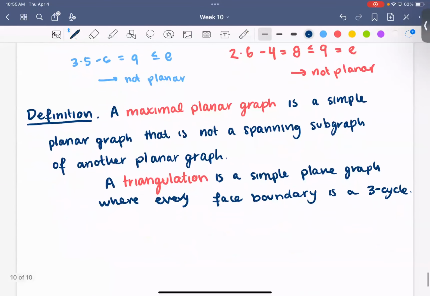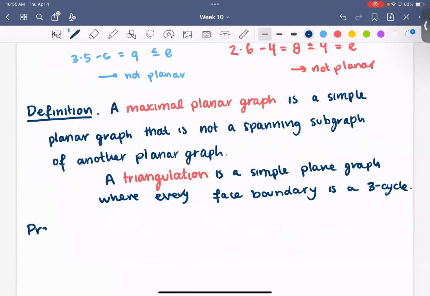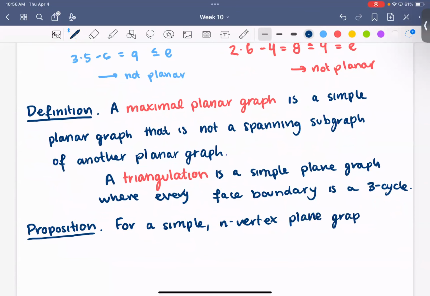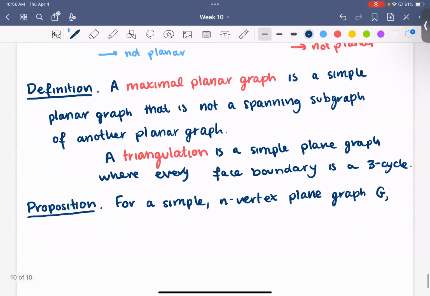So we have the following proposition. It says for a simple n vertex plane graph G, the following are equivalent.